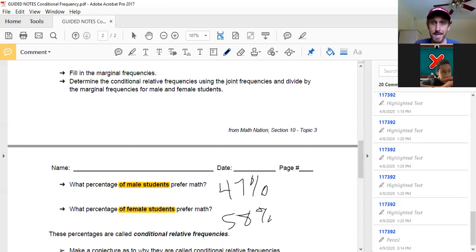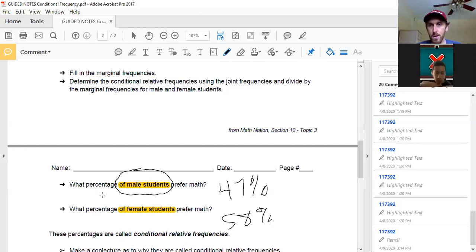I highlighted it for you here. Every time you see a question about a frequency table, it is so important that you read the question and make sure you are answering the actual question that they ask you. If this just said what percentage prefer math, that would be a different question, but this is setting a condition for you, okay?